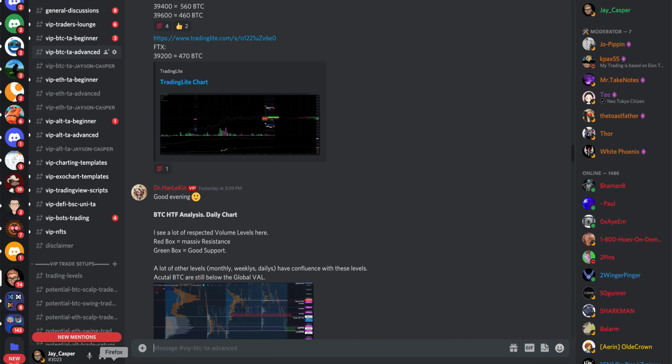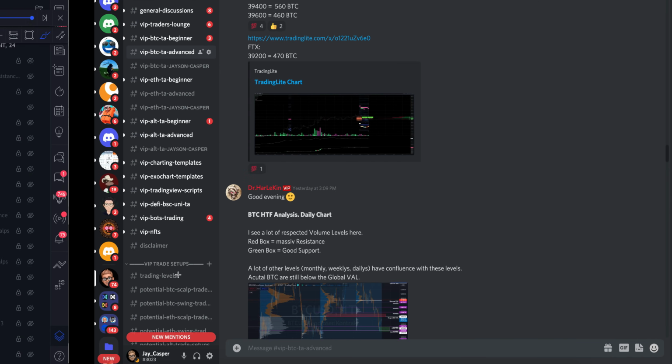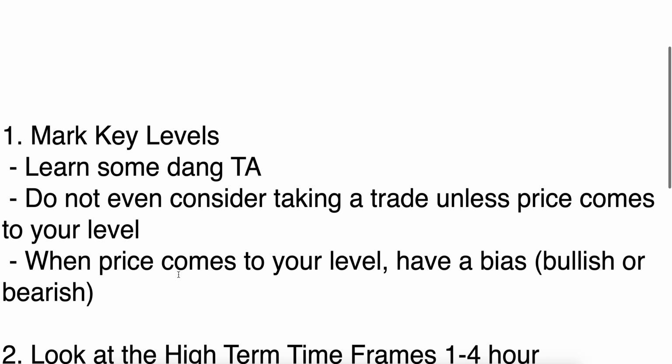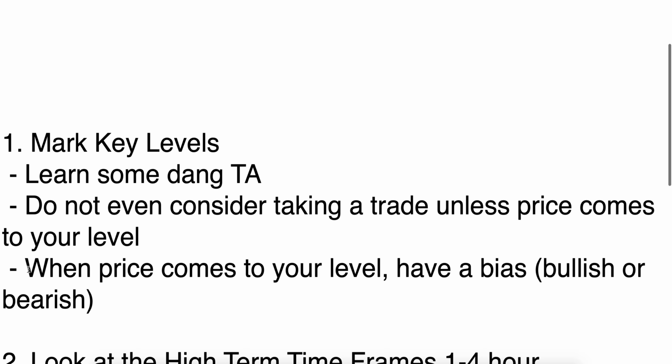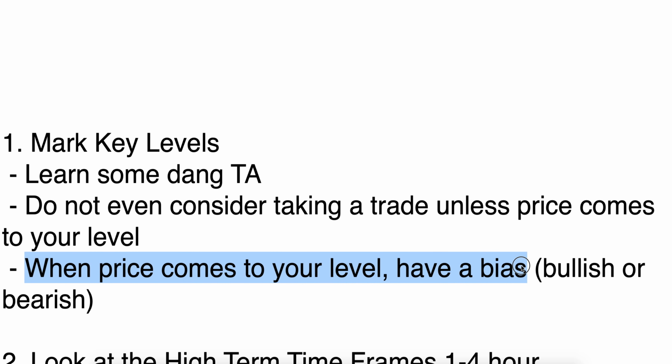Now, when price comes to that level, you need to immediately have a bias, okay? If price comes down to a level of support, you need to immediately get bullish. If price comes up to a level of resistance, you need to immediately get bearish. People are always like, Jason, I get trigger shy. This is what you have to do.